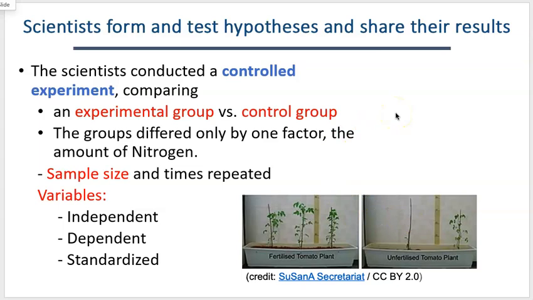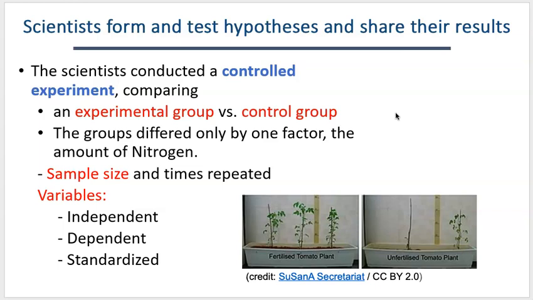We're observing the number of leaves on the plant, and we're observing the number of fruits that the plants put out. So the dependent variable here is what we're going to measure, to see ultimately how the independent variable is affecting the study.